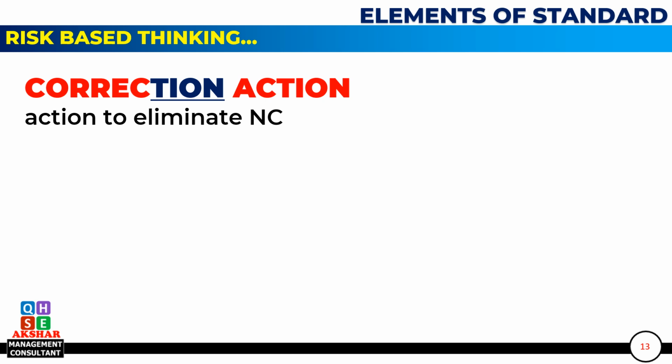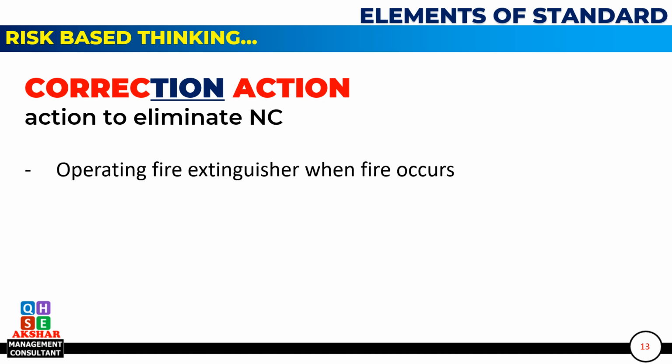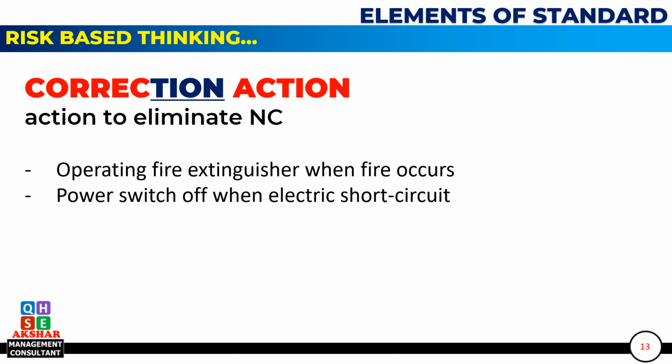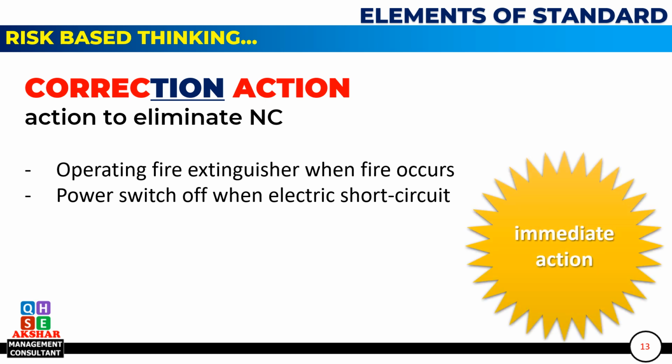If someone finds fire, he may operate a fire extinguisher to extinguish the fire, or he may go to switch off the electric supply in case of electrical fire. Both actions are immediate, to eliminate fire. These actions are called correction action. It has been observed that people sometimes write correction action as corrective action, because of poor understanding of these terms.